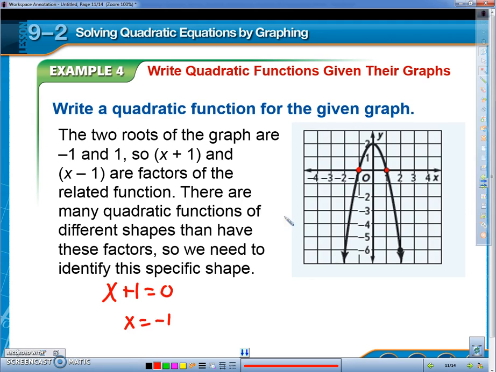Then we could say x minus 1 equals 0, and we add 1 to both sides, and we get x equals 1. So the factors to this are x plus 1 and x minus 1.